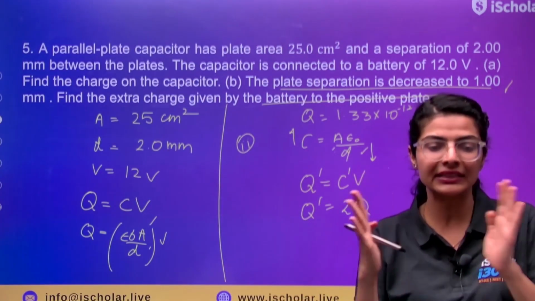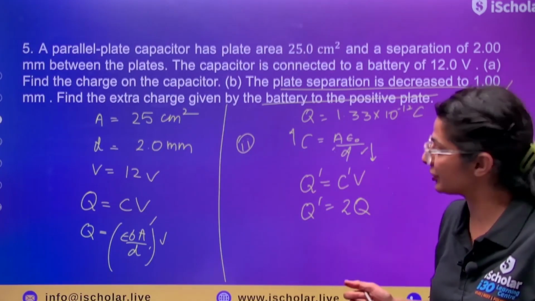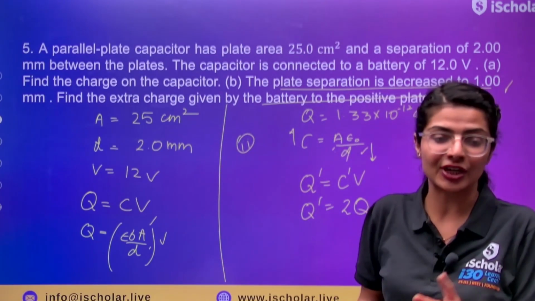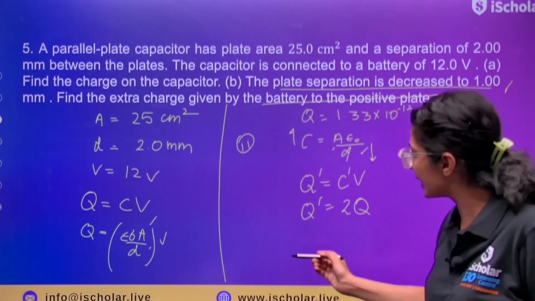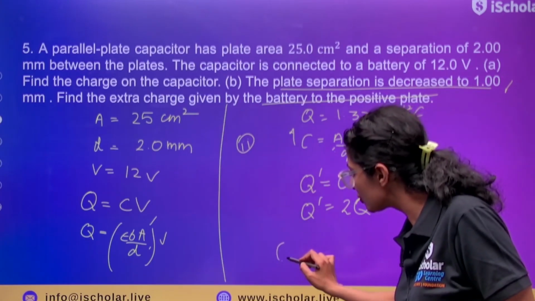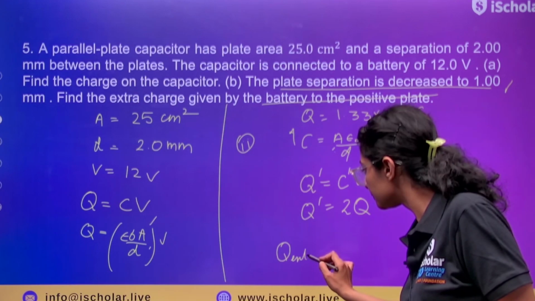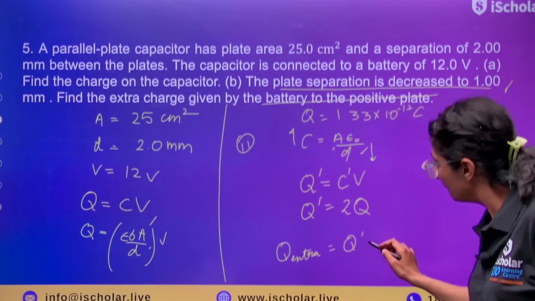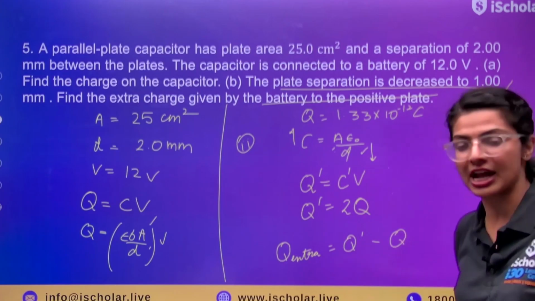Because the capacitor plate distance is changed, it is asked to find the extra charge flown. So as simple as that, the extra charge flown can be written as the final charge minus the initial charge.